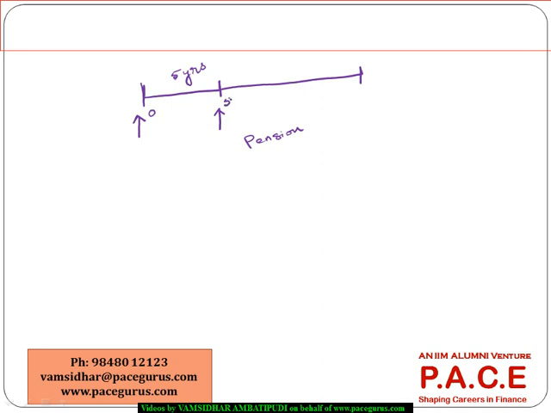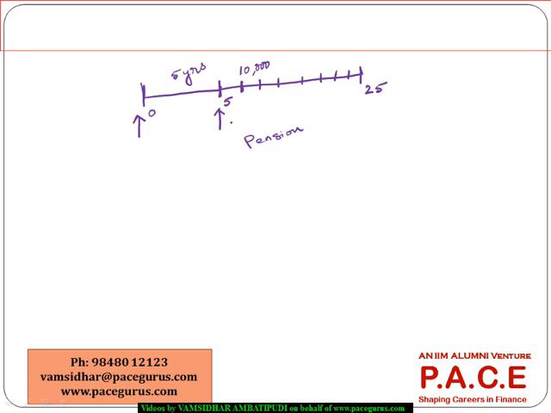This is 5 years from now, and probably I may have to pay it up to 25 years from now. And let's say the pension amount is 10,000 per year. Right, here I have to pay 10,000, here I have to pay 10,000, for all these years. So exactly 5 years from now, 6 years from now, 7 years from now.